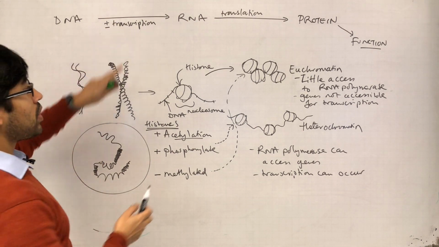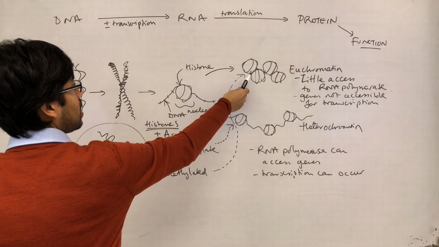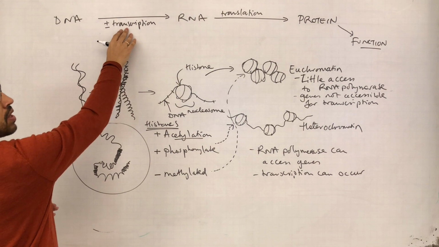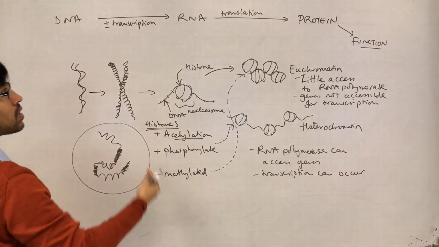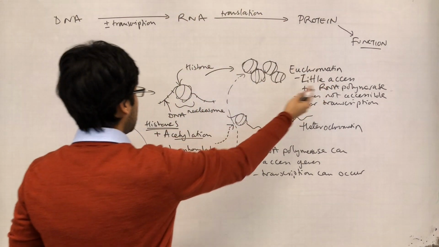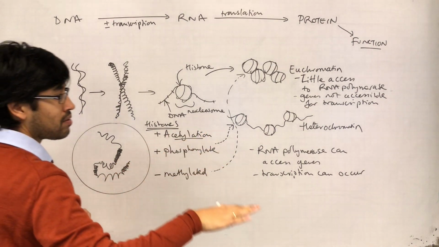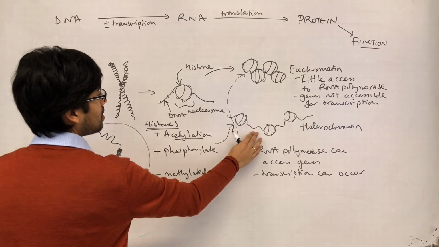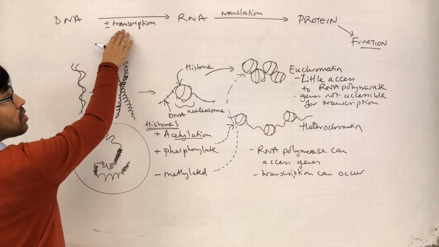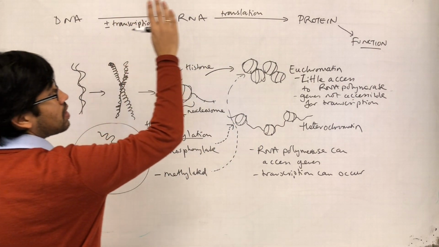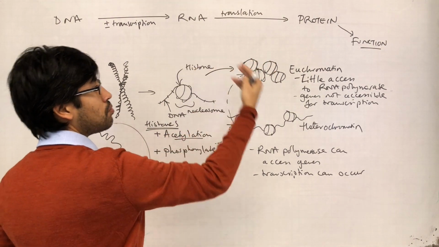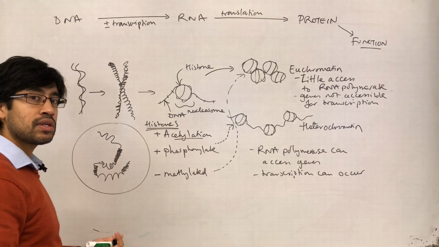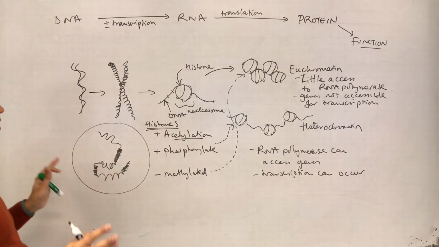If the DNA is in this form, we're going to get less transcription and therefore less mRNA production and therefore less protein production, and therefore less expression of the gene. However, if the DNA is in this form, we are going to get more transcription and therefore more translation and therefore more protein production and therefore more expression of that gene. So I hope that is clear.